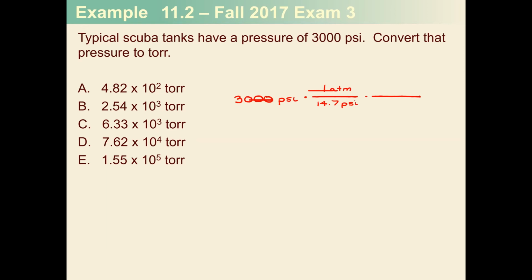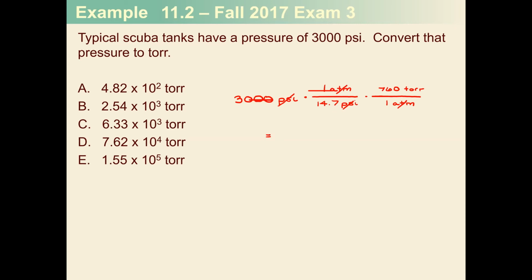Remember that the torr has the same numeric value as the millimeters of mercury. So that would be 760 torr for 1 atmosphere. So I'm able to cancel out my PSI, my atmospheres, and I am left with torr.